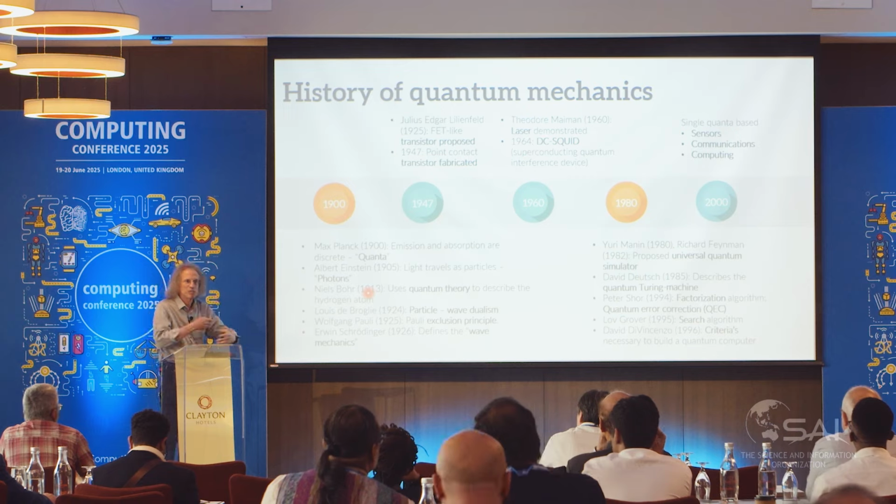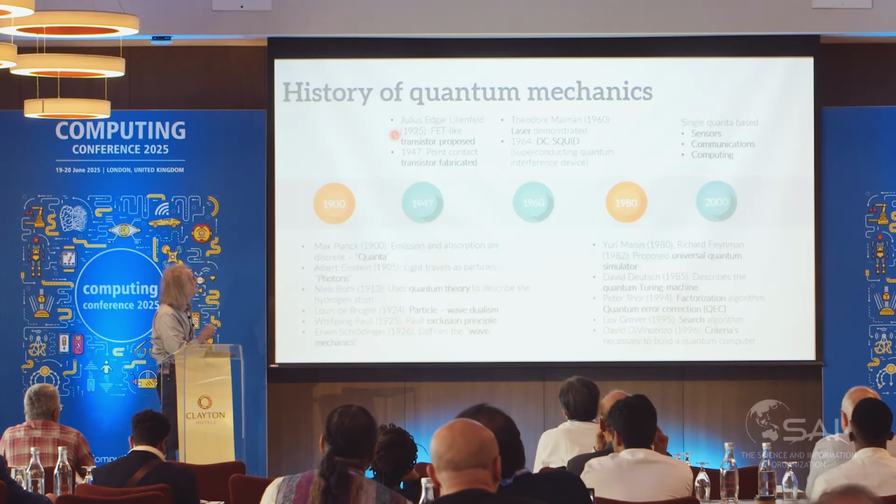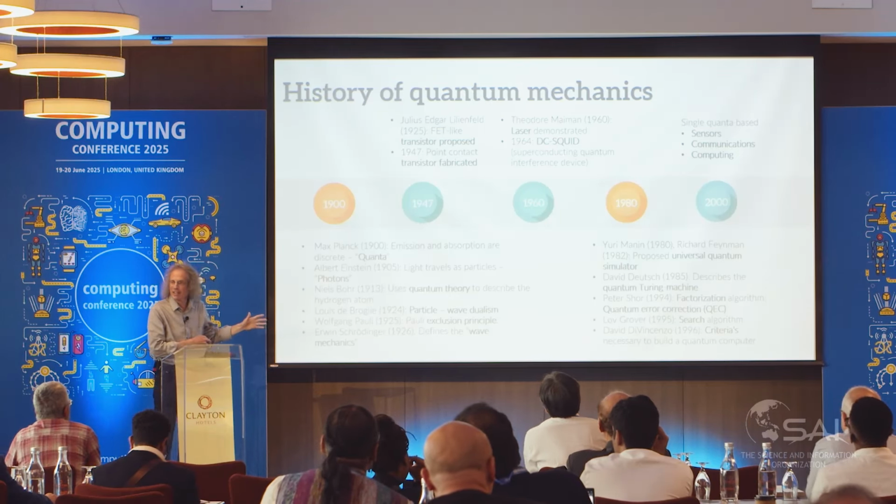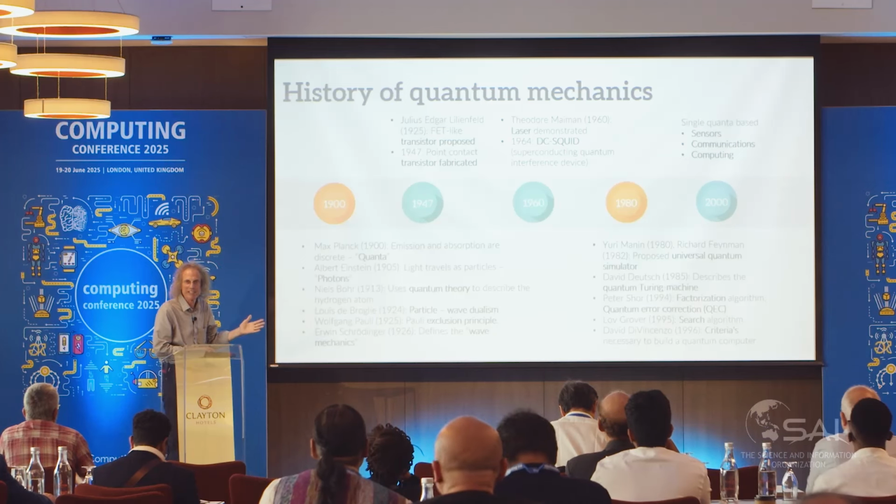And people started to think in this mode, and something very interesting is that Lilienfeld, at that time, from these results, actually wrote the patent for the FET transistor. But it was not possible to manufacture it for many, many years. So in '47, the bipolar transistor made it for many years. And later, the FET, as we know it today, came back.